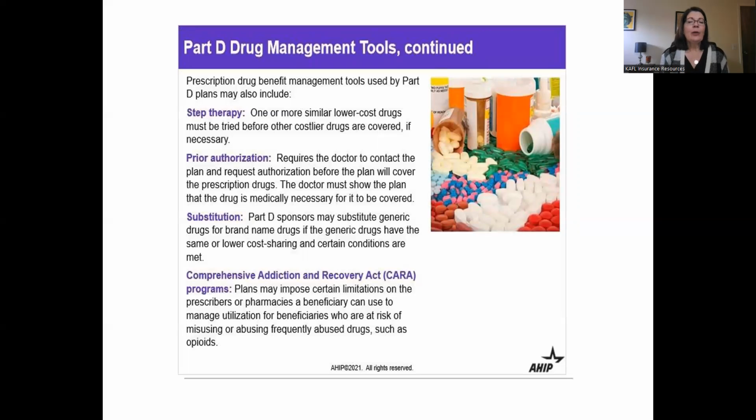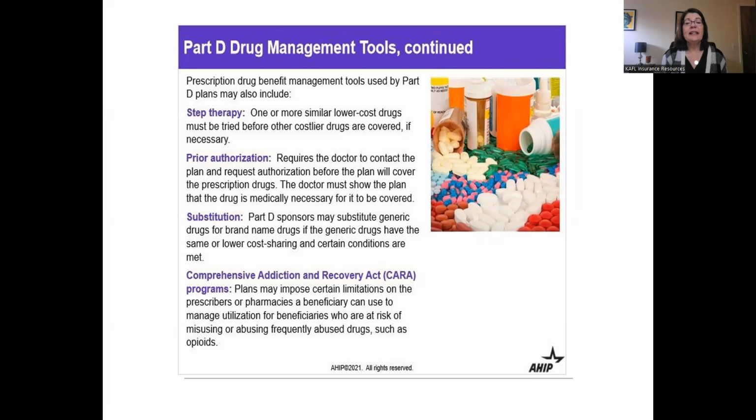Substitution, substituting lower cost generic for brand name drugs if certain conditions are met. And then this Comprehensive Addiction and Recovery Act program, I thought this was really interesting. So this was a program started by President Obama in 2016, and it was basically to address the opioid addiction issues.